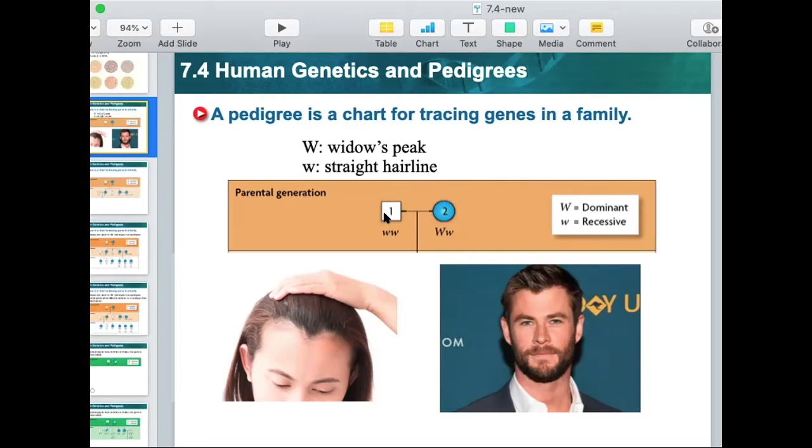Make a note in your notebook that squares are males and circles are females. And then a bar in between them represents a match, like this is a couple. And so this would be parents.